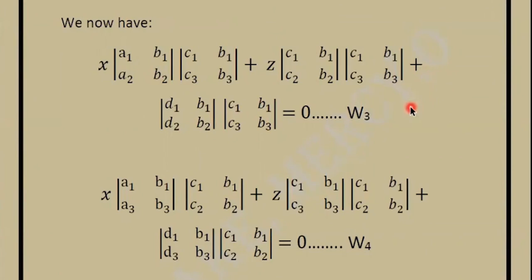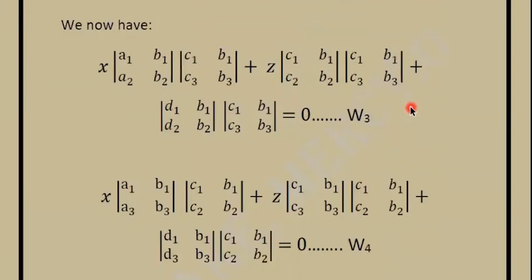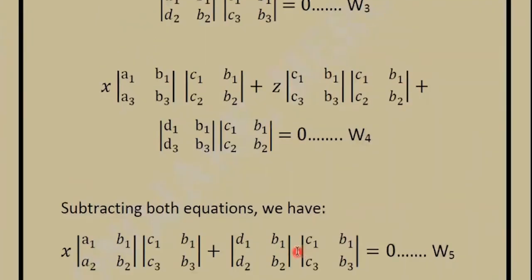And of course, we need to eliminate z out, so to say. Or rather, we've eliminated y, but we need to remove z so we can get x to be alone with the constant. So when we subtract, we have this.